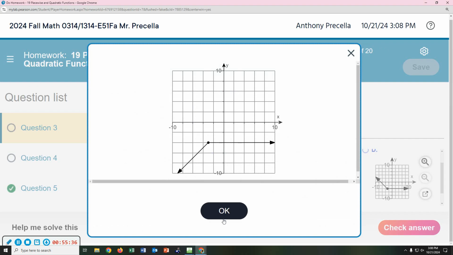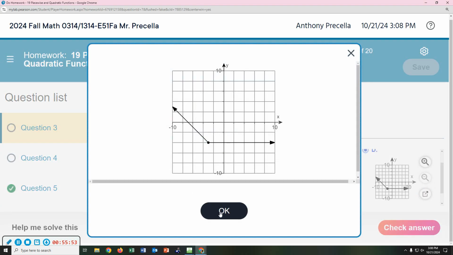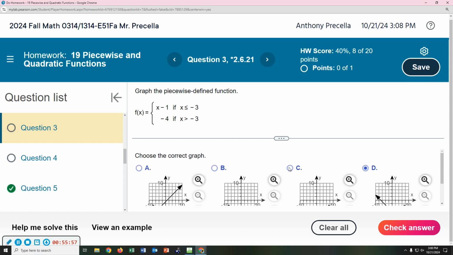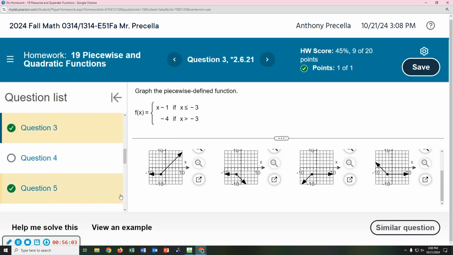I think it's C. Look at this point of intersection where the two pieces meet. Right here, right there. Is it a closed dot? Yeah. Okay. And it's at negative 3, 4. I bet you part D is not it. Okay. So y'all agree with C? Yep. And any questions there?